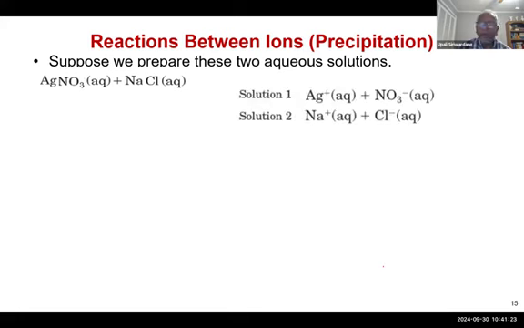Now we are showing this again. First solution is silver nitrate. Second solution is sodium chloride.